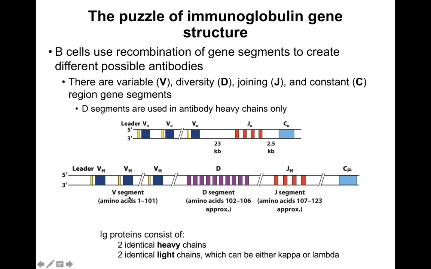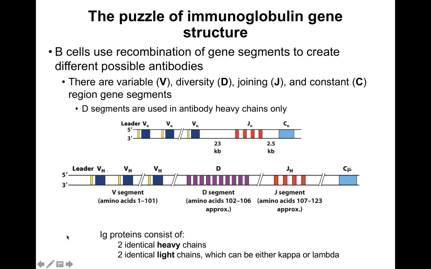In the heavy chain, there are variable segments, diversity segments, joining segments, and then constant gene segments. These recombine to give you different heavy chains, which will ultimately give you different B cell receptors.